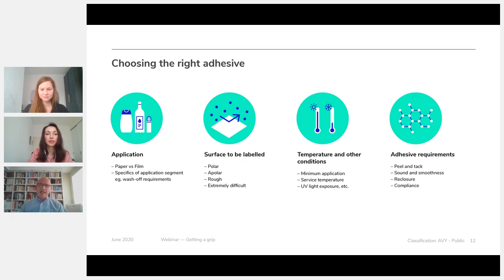Compliance is getting ever more important in the choice of the right adhesive, and particularly the food regulations are on the one hand very important for the end user, but they are also causing restrictions on how we develop and market our adhesives. So this is clearly a very big topic of our research as well.